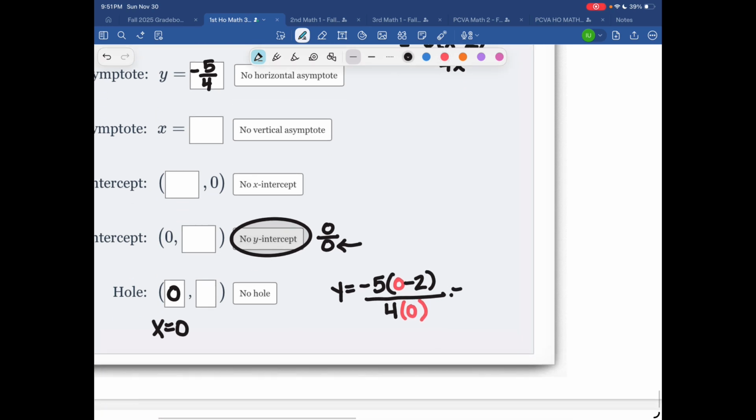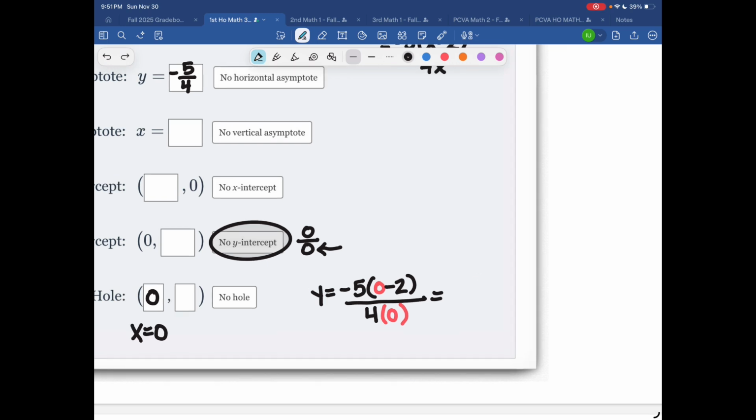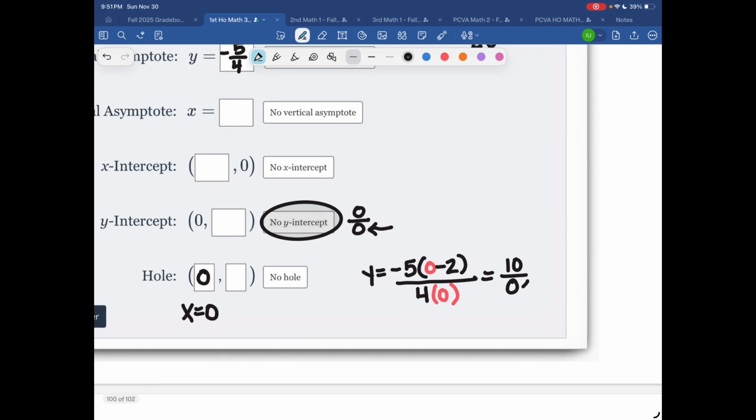So with that being said, we have +10, but that's going to be over 0. So technically, that's going to be undefined. Okay, so what does that actually mean? So if it's undefined and I can't give you the exact y value, that means that there is no hole.